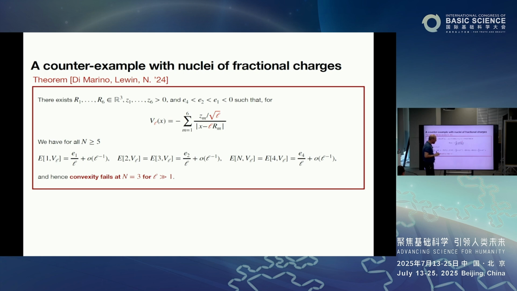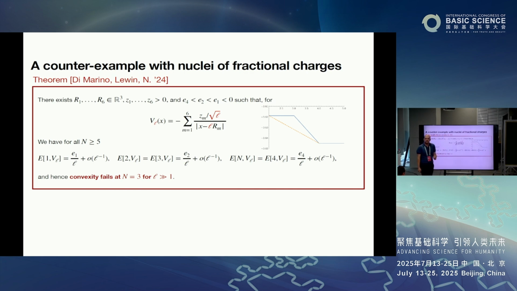And so if this happens, and you take the leading order in L of the ground state energy with this particular potential, then the leading order is given by these small E1, E2, E3, E4, and you can go on till E5 and E6. And if you plot it, you see that you obtain this blue curve, which is actually not convex. So you obtain something that at the leading order is not convex.